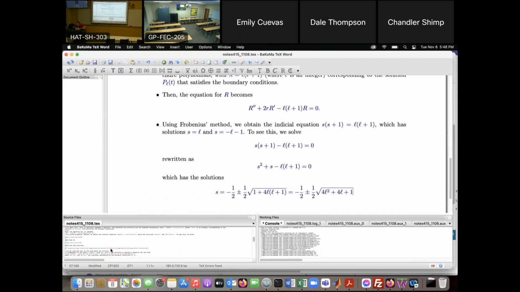Oh, that's a perfect square. Okay, 2L plus 1 squared.